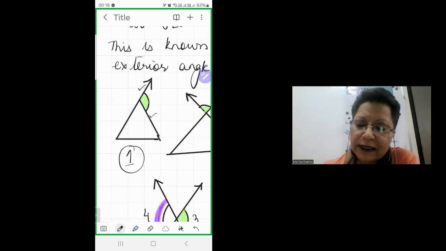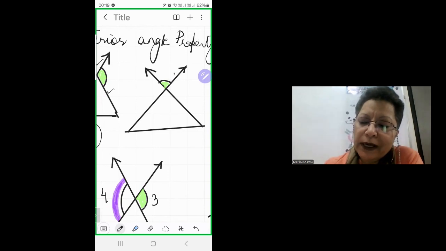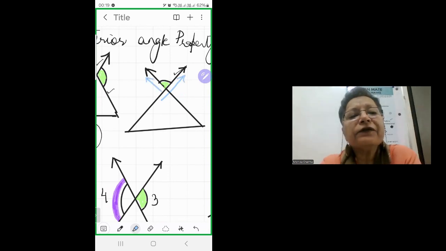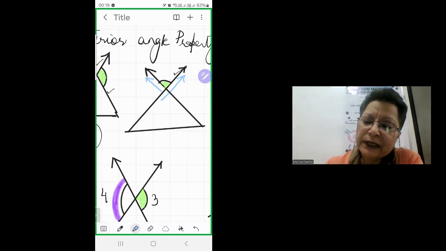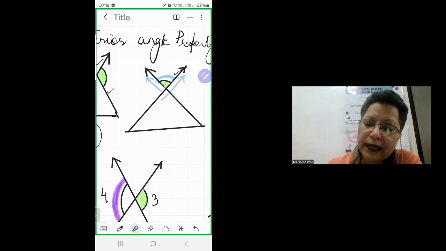Right? Now let's look at figure 2. This angle, which has been marked as green, is formed by one extended side because this is the one which I have extended here, and this also is an extended side. So if I have two extended sides and the angle which I'm talking about is being made between the two extended sides, that is not going to be an exterior angle.